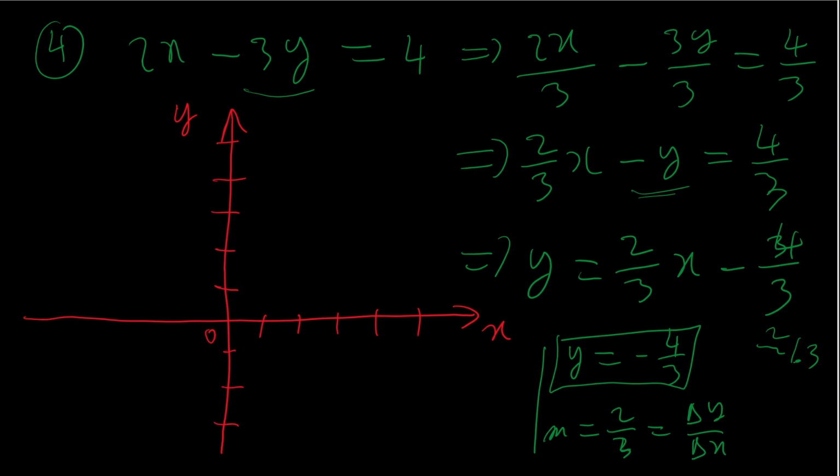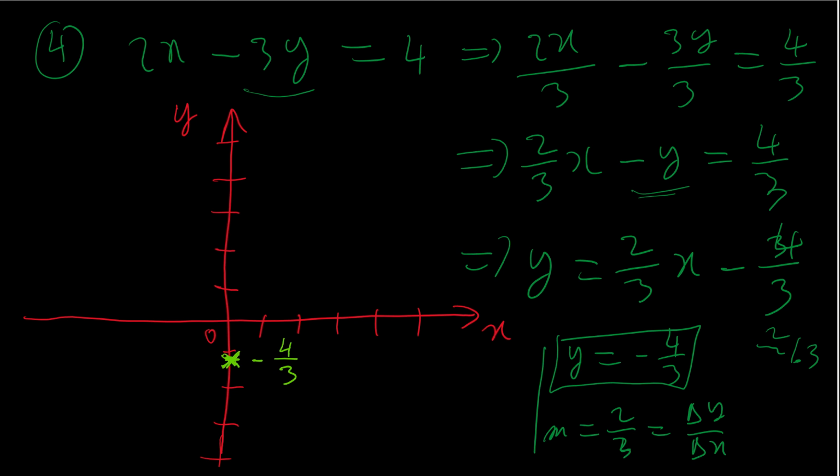So I'm just going to assume that the 1.3 is somewhere here. I use a different color. So this is the y-intercept, negative 4 third, which is approximately 1.3. So it's somewhere here. So this is negative 4 third, right? So this is our y-intercept.